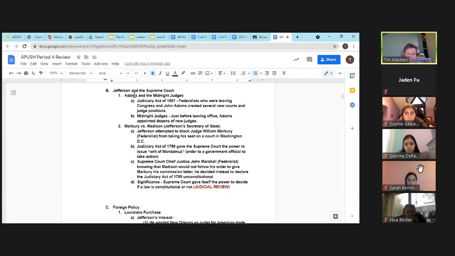I would not worry too much about the facts of the case. Just that Madison, who was Jefferson's Secretary of State, would not deliver the commission letter that would formalize Marbury's appointment to the Supreme Court. And so Marbury sues Madison for that official letter, and he requests that Marshall issue something called the Writ of Mandamus.